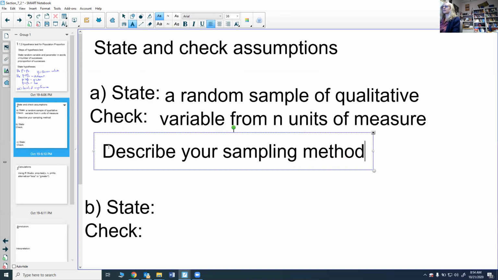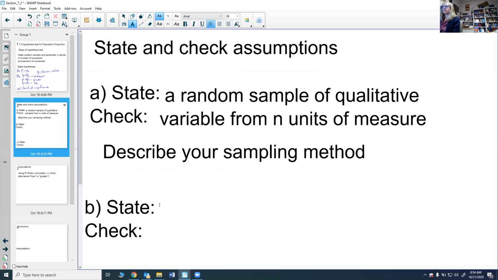How did you actually collect that sample? Hopefully it was a random sample. So that would be good. So that's the first assumption. By the way, that's the first assumption of every hypothesis test, that you have a random sample. It may not be a qualitative variable, because it may not be that the one you're dealing with is qualitative, but that's always what it's going to be. You're going to have a random sample.